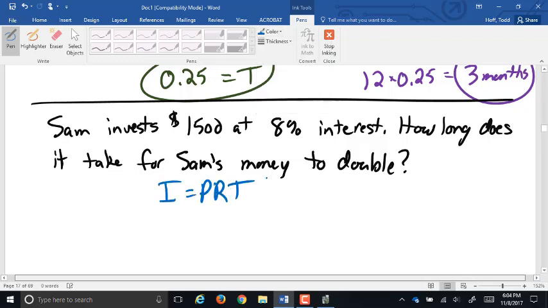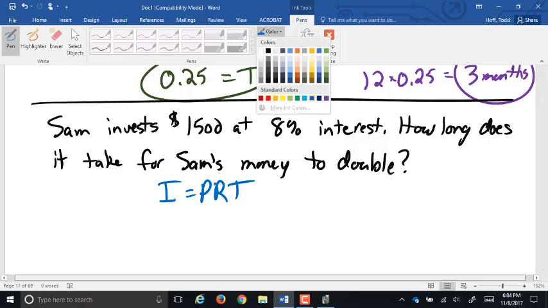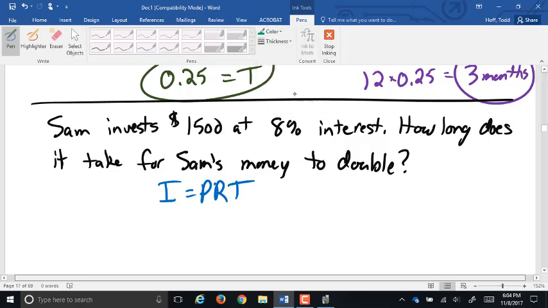Some of you might have been looking at this one thinking there's not enough information, but there is. What is the amount of interest earned here? Well, the dollar amount for I. The balance is going to have to go to 3,000. But to double, the interest would have to be 1,500. Of course, the principal is also 1,500.